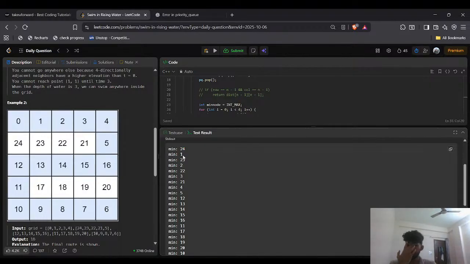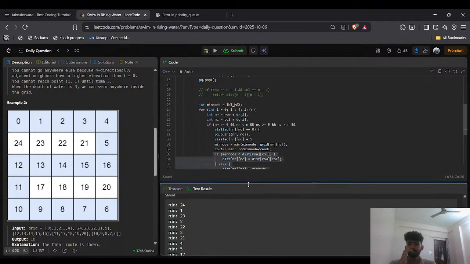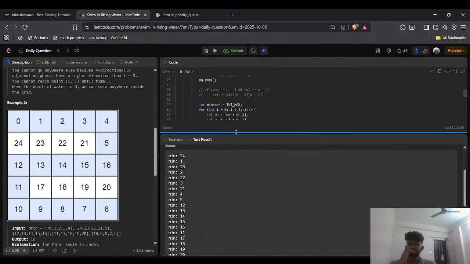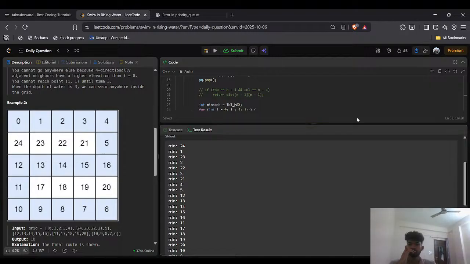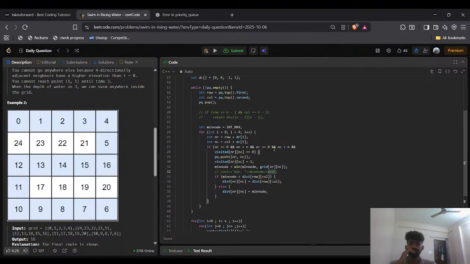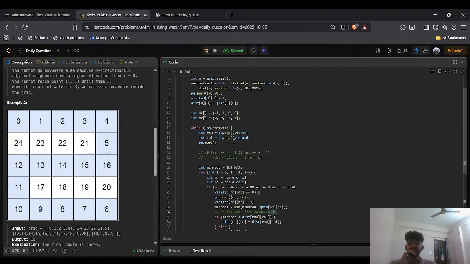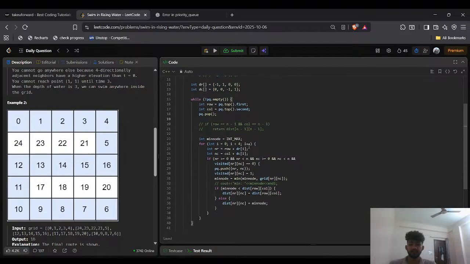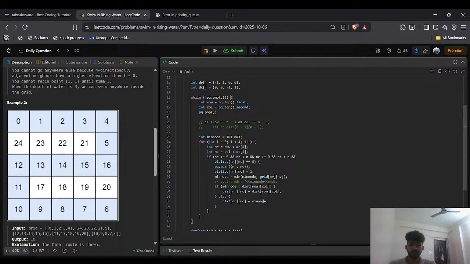What the heck, man? This is wrong. You know what we need to check? We need to check our row and col values every time. This is not good.